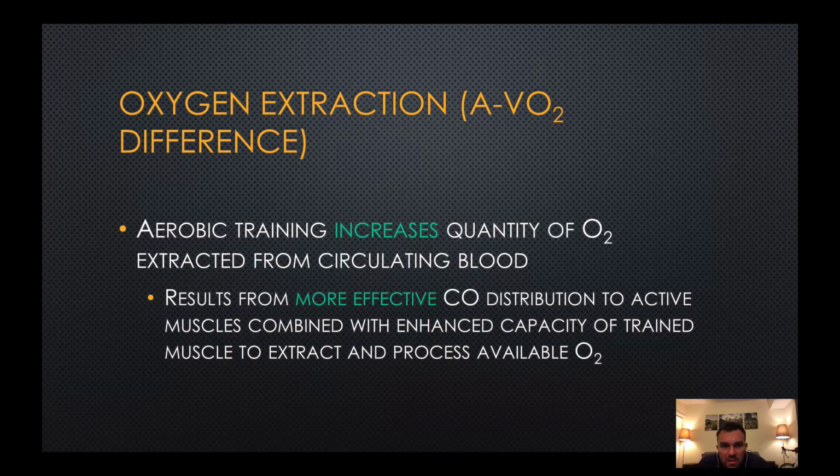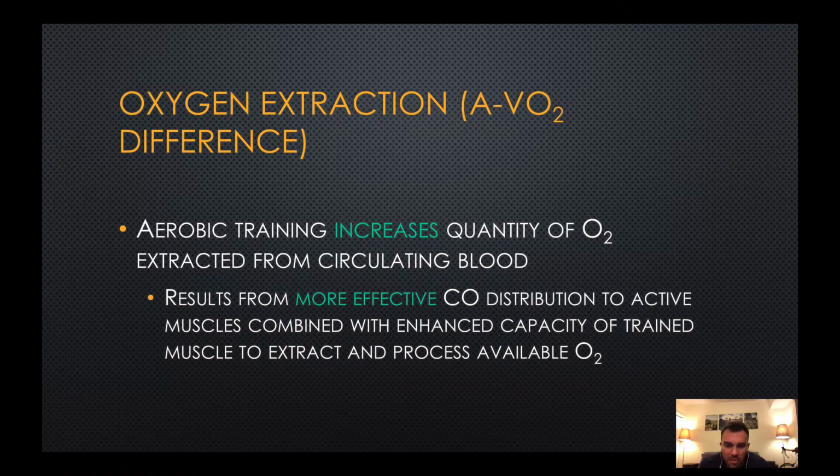So we see also an improvement in AVO2 difference, so us extracting oxygen out of the blood. Aerobic training increases quantity of O2 extracted from that circulating blood. So in the beginning, when you're not that fit, you really struggle to pull some of that oxygenated blood or oxygen out of the blood into the working muscle. The fitter you get, the more trained you get, there's more capillary density.